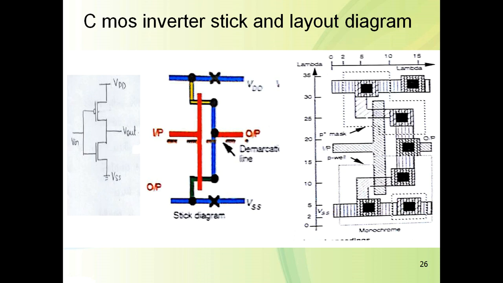The center will be the demarcation line, below which we form the N-type transistor, above which we form the P-type transistor. For the P-type transistor, there is a P diffusion layer, and a contact between P diffusion and metal one.